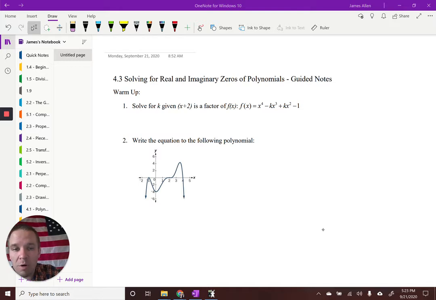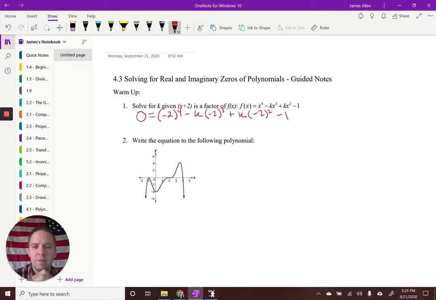All right, so if I were to plug in negative 2, substitute negative 2, I'd have 0 be my function value. So I'll just go ahead and set this equal to 0 based on what I know here. And let's see here, plus k. Lovely.